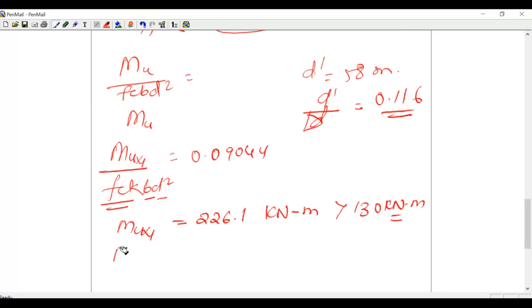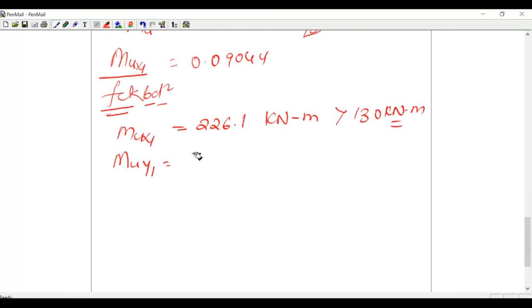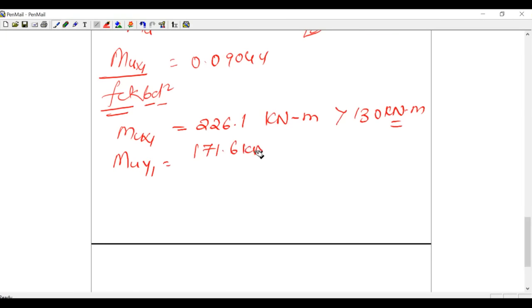Similarly, using the same method we will calculate Muy1, which is coming around 171.6 kilonewton meter, which is greater than 120 kilonewton meter. Hence we need not redesign, hence the design is okay.